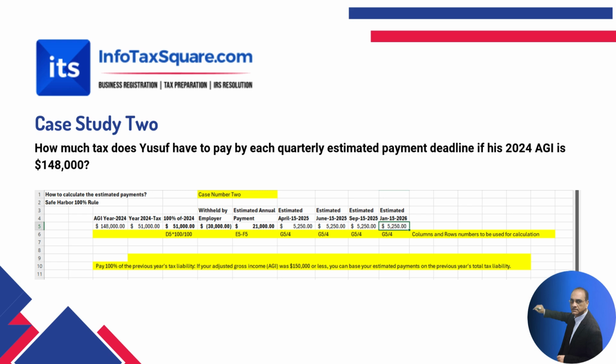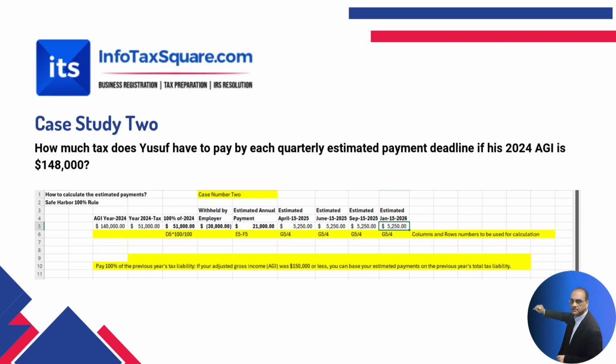So the AGI of 2024 was $148,000. His total taxes were $51,000, and his employer only withheld $30,000 for 2025. Therefore, he is required to pay $21,000, which will be divided into the next 4 quarters. The first quarter is due April 15, 2025.